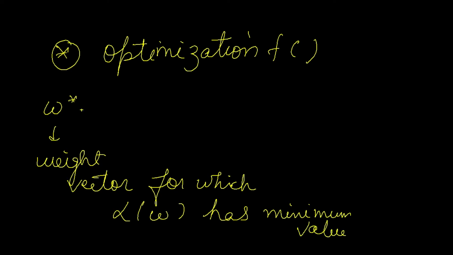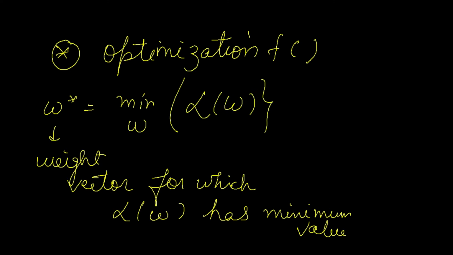Let's complete this w star function. It equals the minimum over w of the loss function. So this is the optimization function, and the last is the update equation.